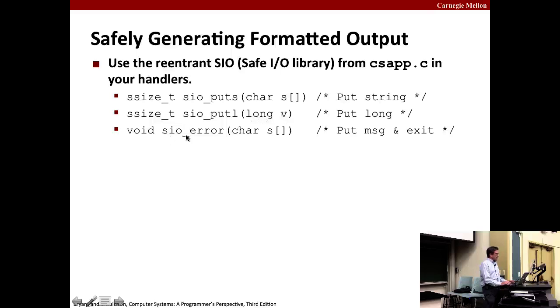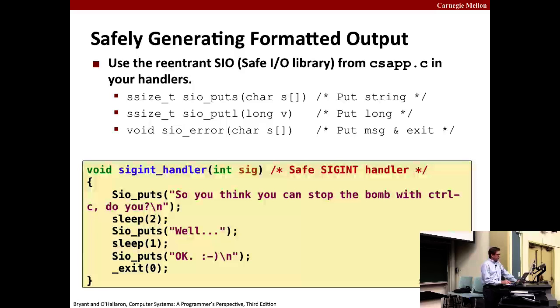And sio_error prints a message and then exits. So take my word for it, you can safely use this in your signal handlers. So if we were going to rewrite our SIGINT handler from the binary bomb, we could rewrite it like this, and now every function is async signal safe.